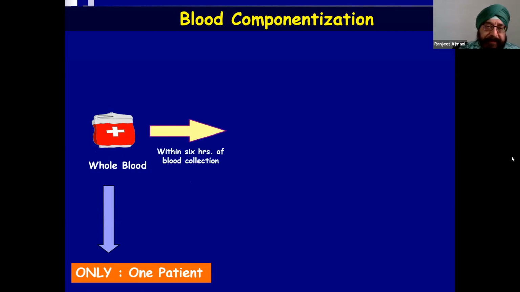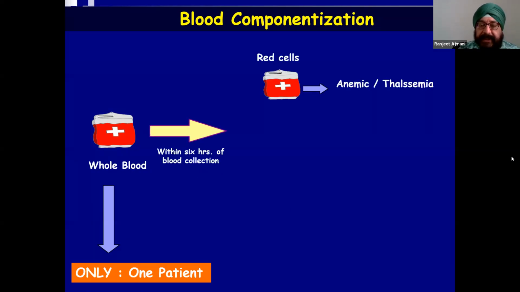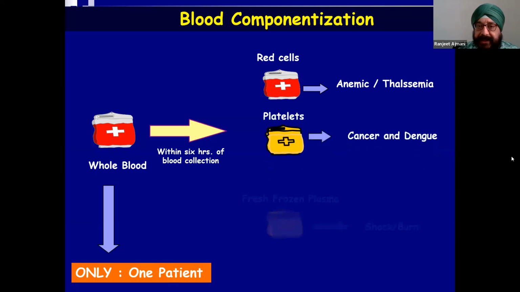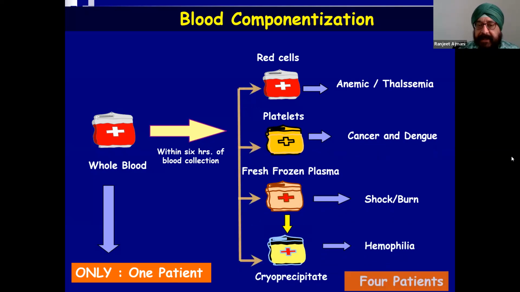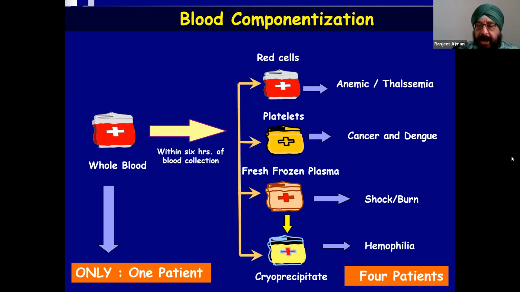But what has happened over a period of time within the technology space, and again, this was not rocket science, it was a pretty much simple separation technique where the blood was separated into red cells, platelets, fresh frozen plasma, and plasma can further be divided into cryopoor plasma and cryoprecipitate. That means the 1 unit of blood at least can help different categories of patients.